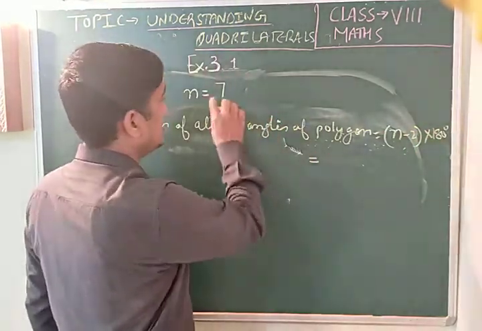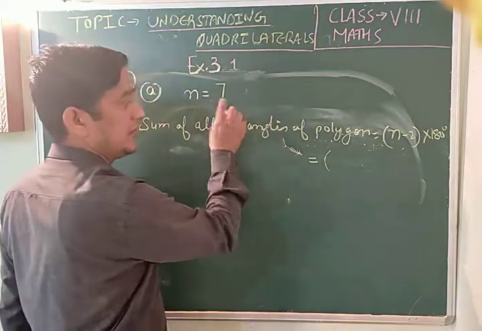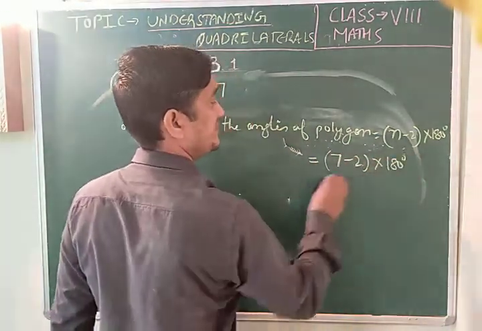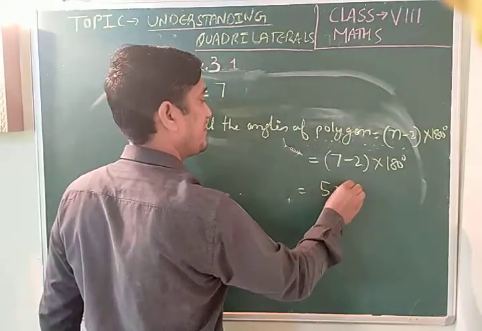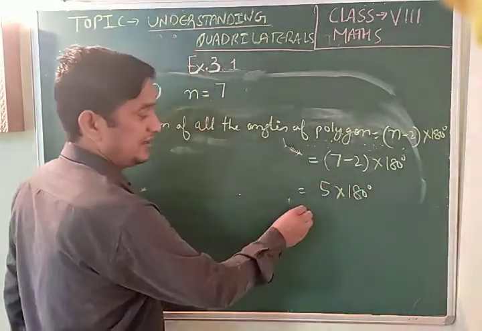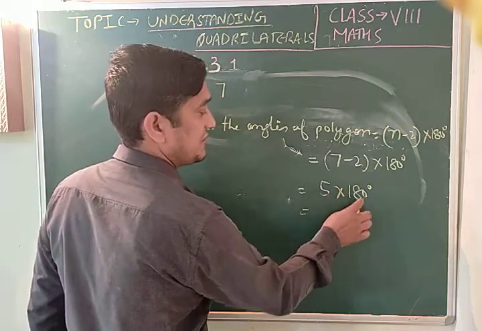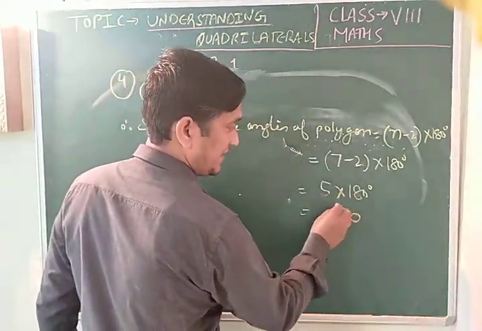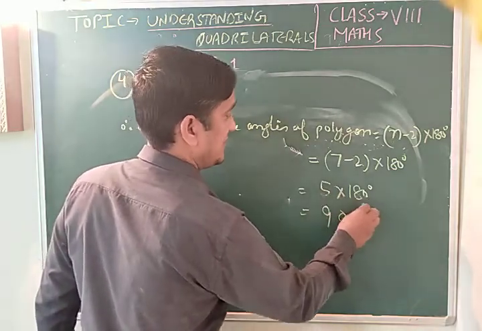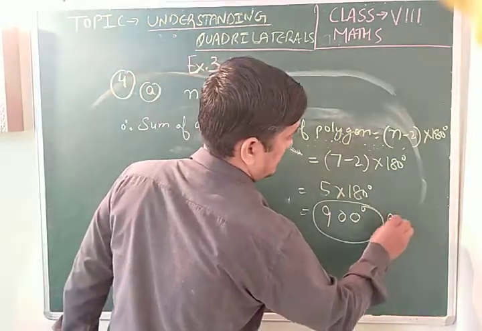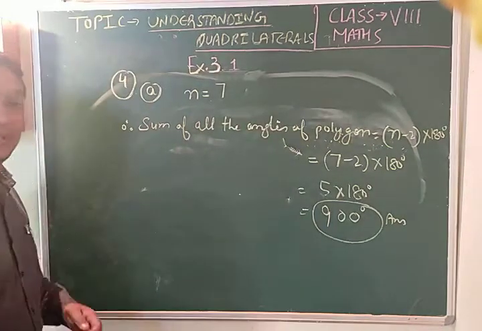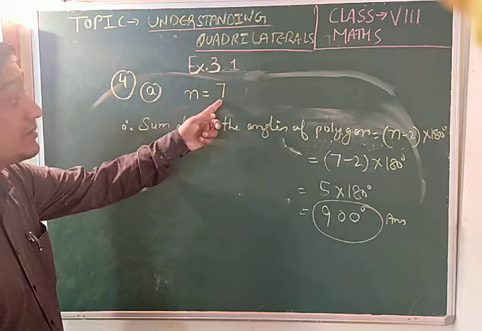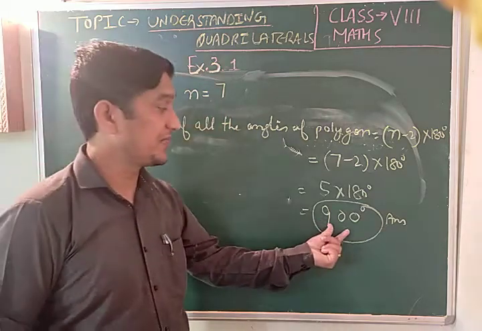Now instead of n we write 7 minus 2 into 180 degrees, 5 into 180 degrees. Now multiply this: 5 times 0 is 0, 5 times 8 is 40, 5 times 1 is 5, plus 4 is 9. 900 degrees. If a polygon has 7 sides, the sum is 900.